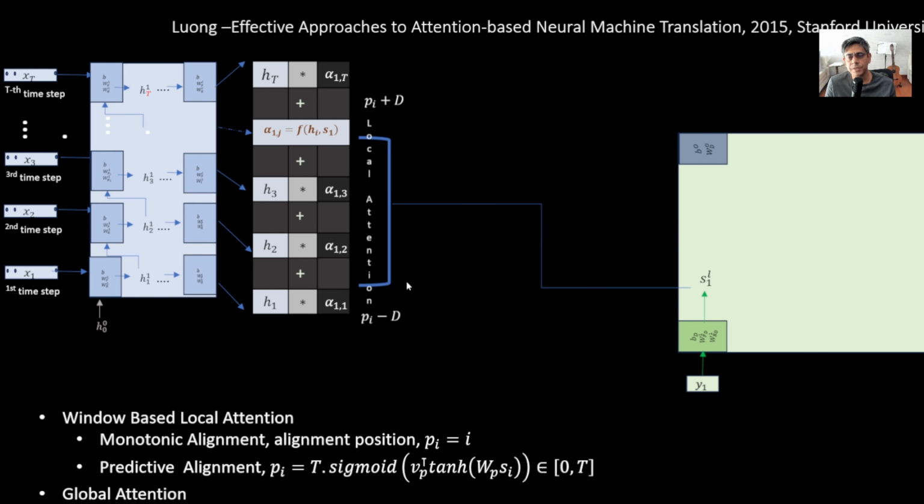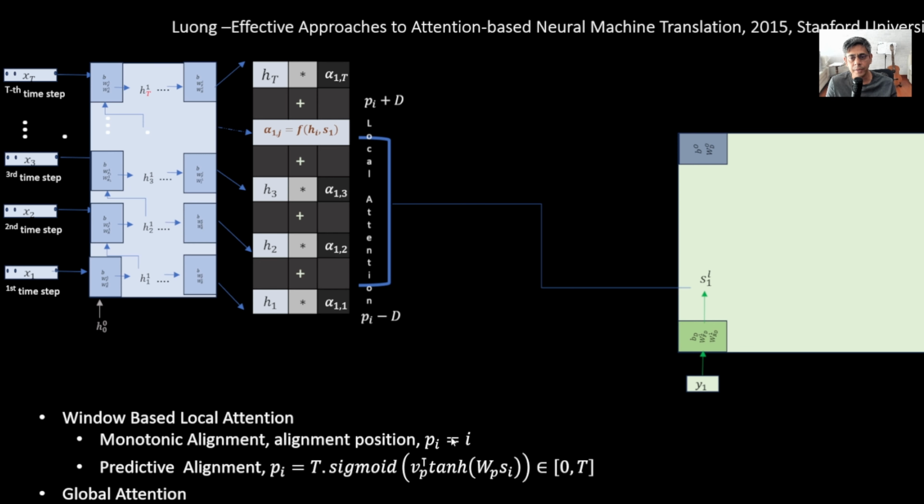What is to be noticed here is that in local attention, or window based attention, there are again 2 different varieties which we can think of, A and B. If it is 2, then it is 2A and 2B. The first one is the monotonic alignment, where it is assumed that there is some sort of correspondence between the source and target language word by word. So if we are in word position 1, it is assumed that the target word 1, also sequence 1, will have higher relevance.